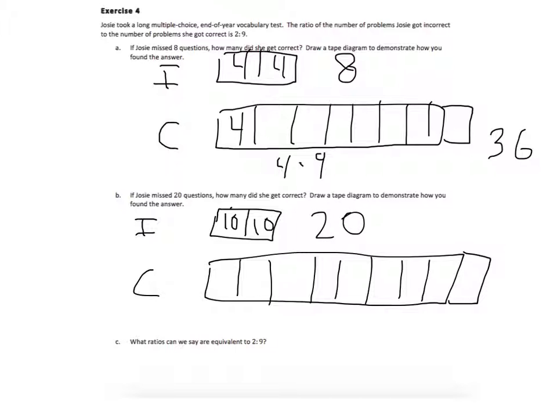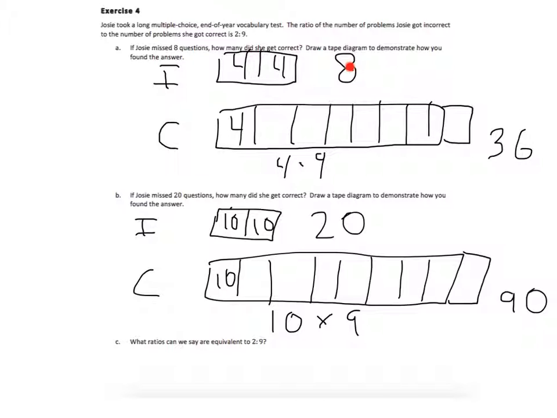Well, if we have 10 in our boxes above, we have to have 10 in our boxes below. So then we're going to do 10 times 9 to get our 90. So she would have gotten 90 correct. Okay, so that leaves us with one more question here. What ratios can we say are equivalent to 2 to 9? Well, we came up with 2 different ones.